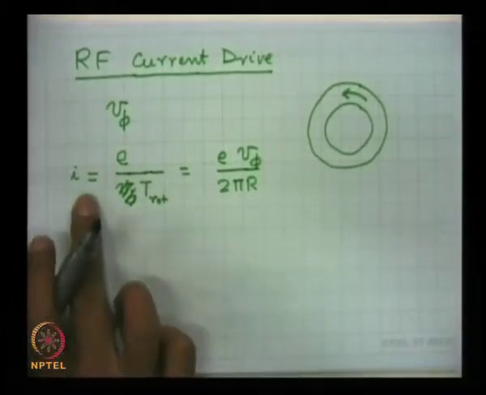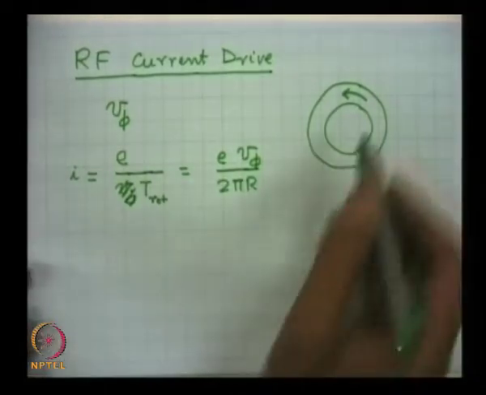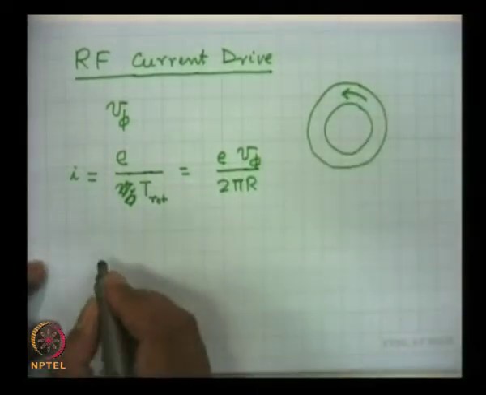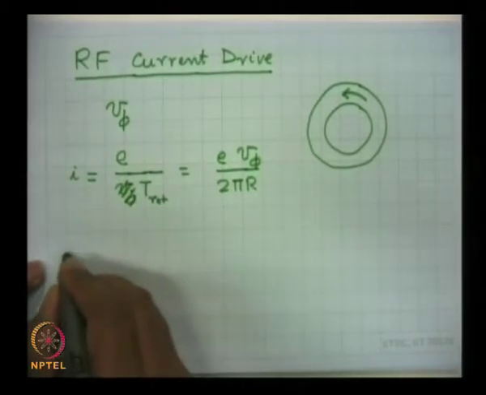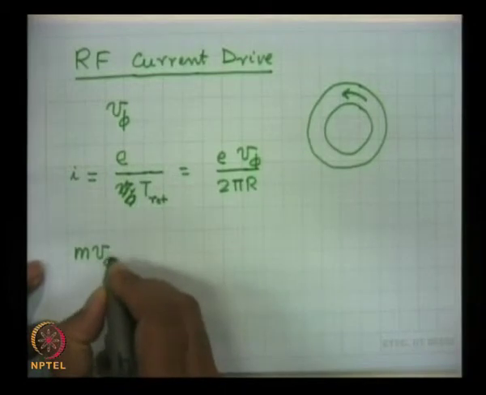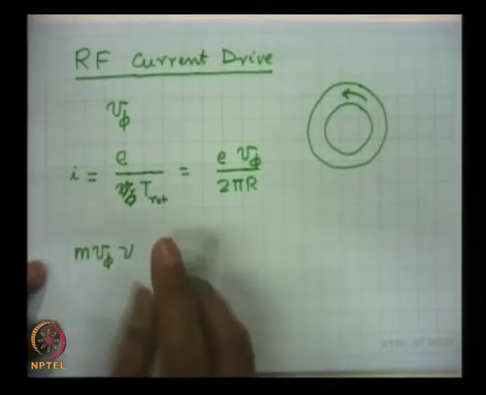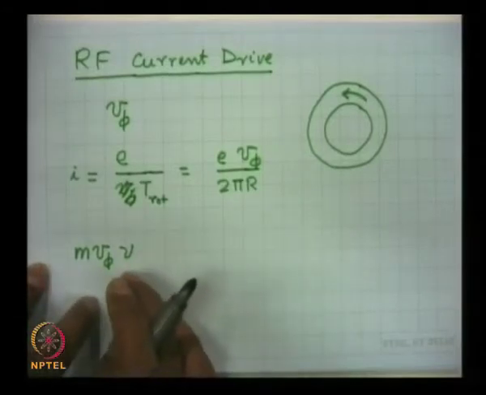So, current is proportional to velocity, and these electrons suffer collisions, and I mentioned the collisional drag, m v phi, is the momentum which is lost in one collision, and if there are nu collisions per second, so much is the momentum lost by these particles via collisions.